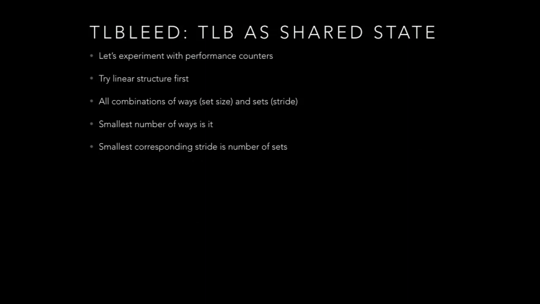We use performance counters for this. An Intel CPU has many performance counters that count an event whenever something happens. In this case we're interested in TLB hits, TLB misses, L1 misses, L2 misses. Using counters like that, we can devise an experiment that accesses a bunch of addresses and then counts: did we hit the L1, did we hit the L2?